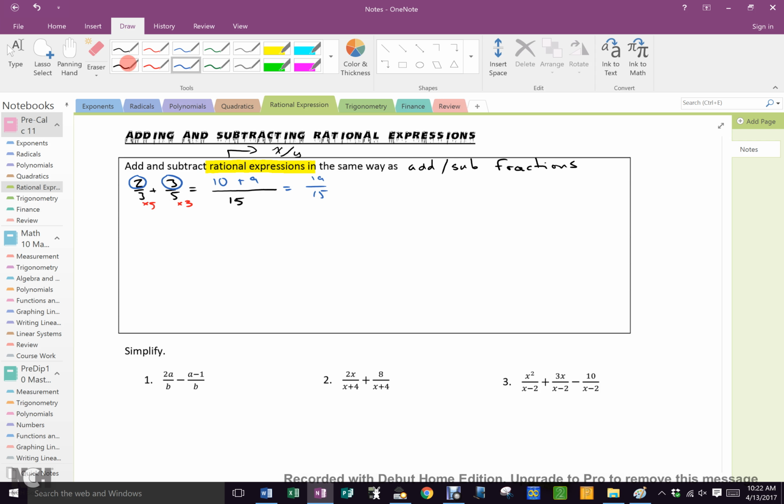Okay, now let's talk about what you actually did. What you actually did here, and I'm not going to write it down, is you found the denominator here that covered every term in the question, yes?